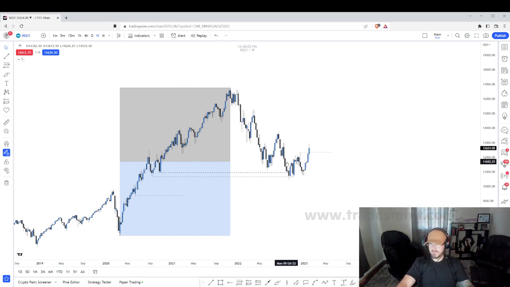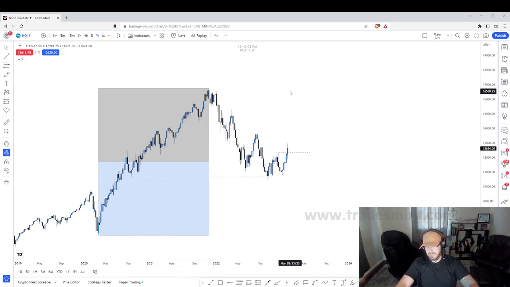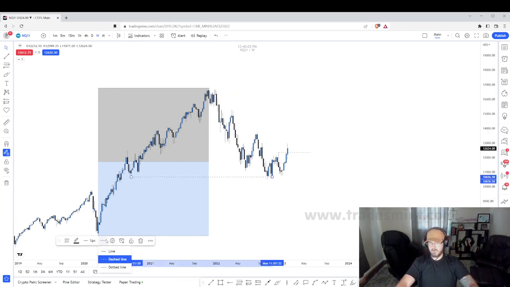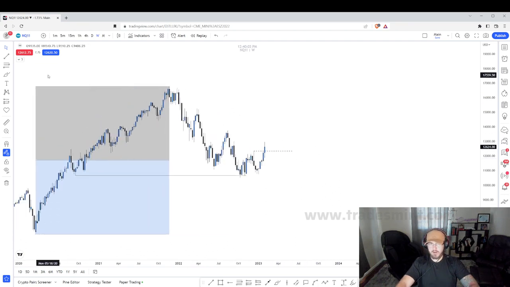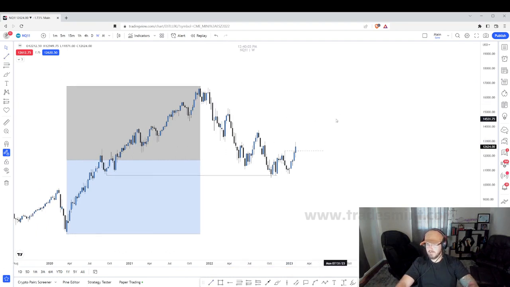Now, I'm not going to be that guy telling you the stock market's going to do that, but I'm just using this as an example because there are a lot of macro factors. But does this tell me that we're bullish overall right now? Yeah, absolutely. But as a day trader, we don't need to target all-time highs on NASDAQ or say anything like that, but we need to look for liquidity above.